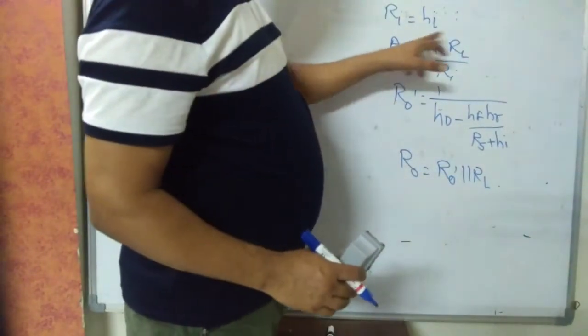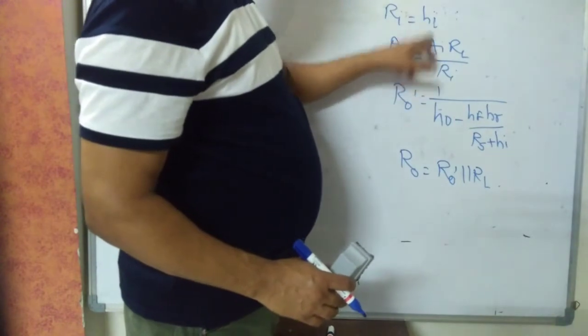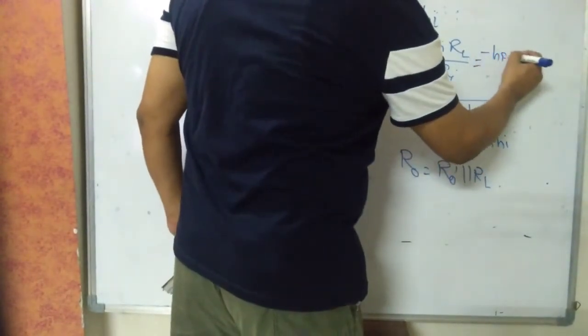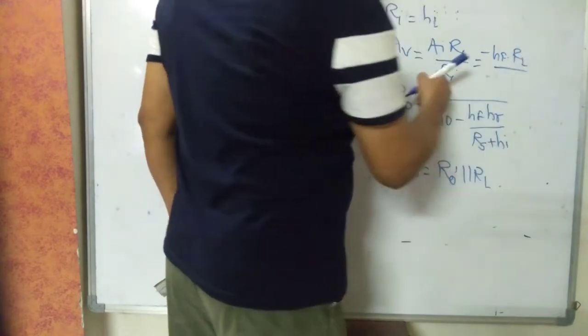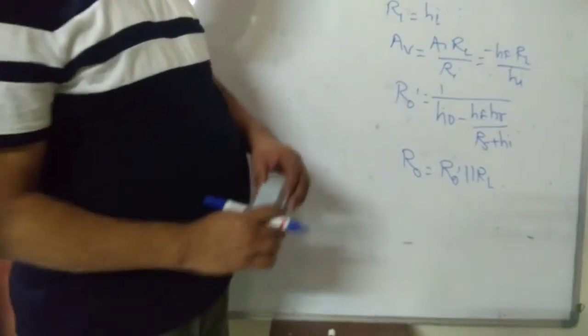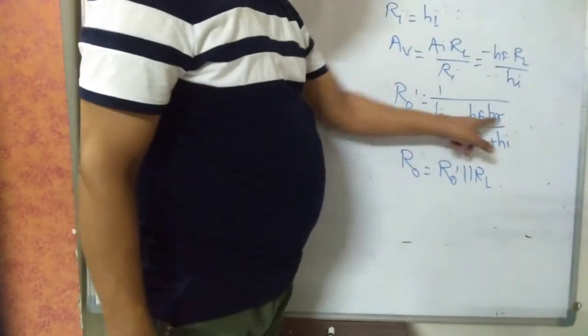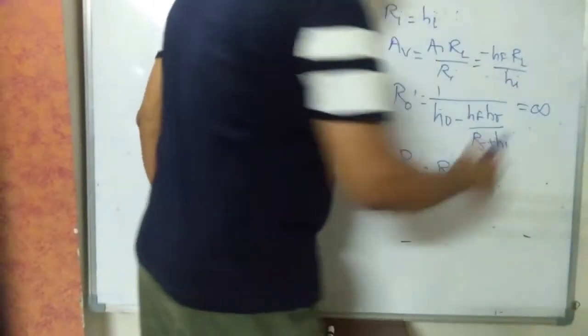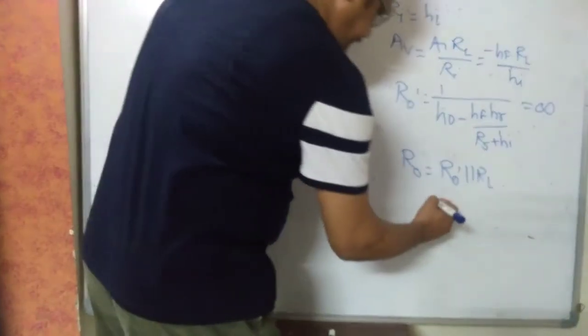AV is equal to AI RL upon Ri. AI is minus HF, and Ri is equal to HR. For Ro dash, with HR and HO 0, Ro dash will always be infinity, and infinity in parallel with RL.